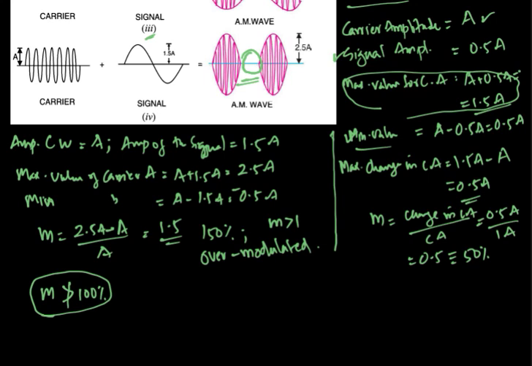Consequently, the audio signal being transmitted will not be very strong, so the audio signal will not be very clear. So the most perfect value for amplitude modulation is a modulation factor equal to 1. But anyway, it should always be less than 1 for a better amplitude modulation.